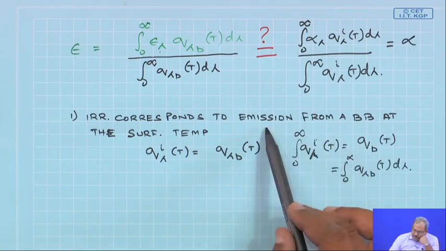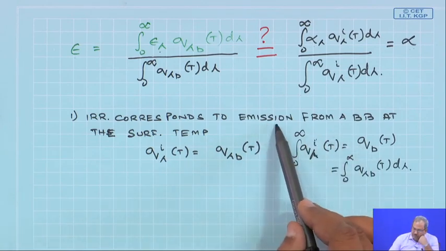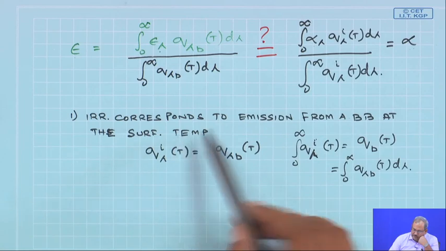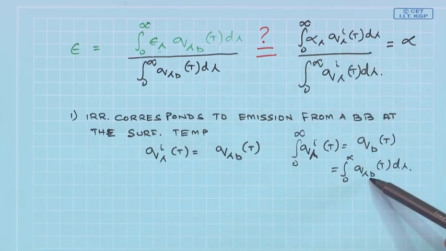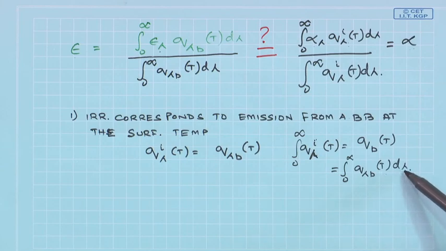So, if the radiation corresponds to emission from a black body at the surface temperature, then this is to be replaced by q lambda B T d lambda.